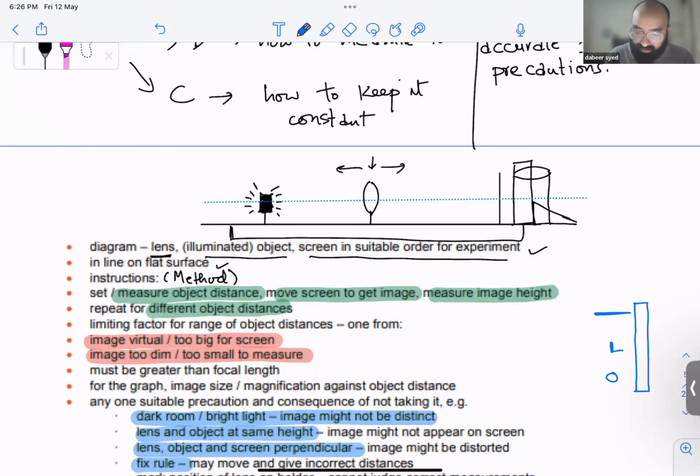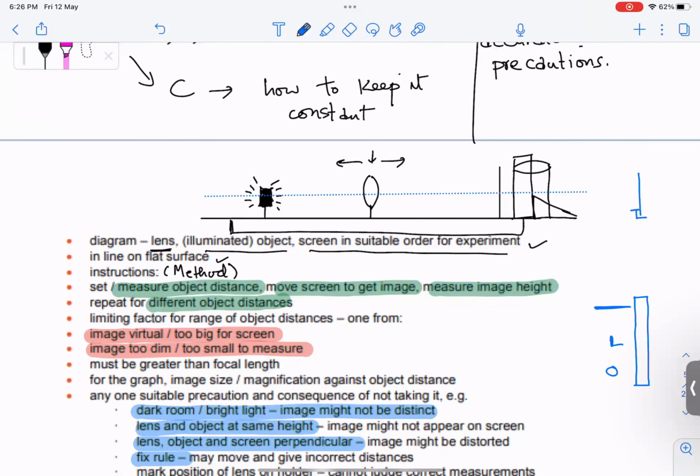So, the screen has a holder, this kind of holder. You need to place it in the holder and make sure that the ruler is touching the holder. If the ruler is touching the holder, then it removes the chances of parallax error, because you can't make the mistake of taking some other reading.